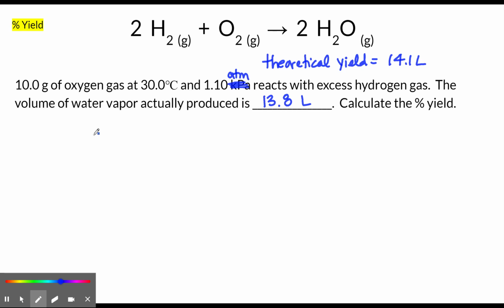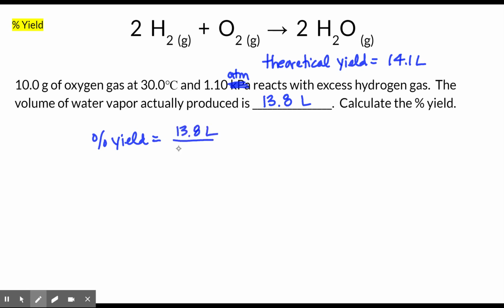So you can solve for percent yield as if these were grams. Just realize that you're using volumes instead. So 13.8 liters is your actual yield. Your theoretical yield is 14.1 liters. Multiply by 100%, and you get 97.9% yield.